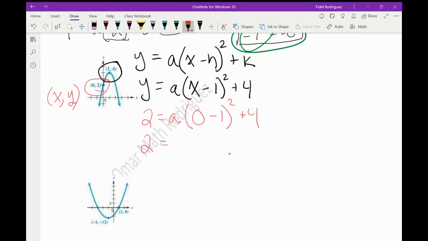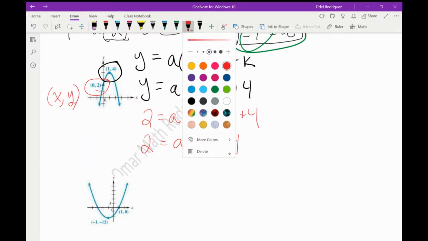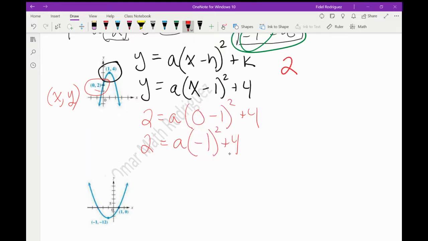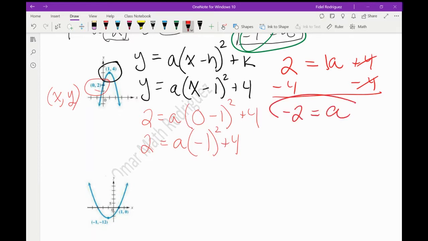So 2 equals A times 0 minus 1, which is -1, squared, plus 4. So 2 equals -1 squared is +1, so this is 1A plus 4. So I'm going to subtract 4 on both sides. So this is -2 equals 1A, which is the same thing as A.